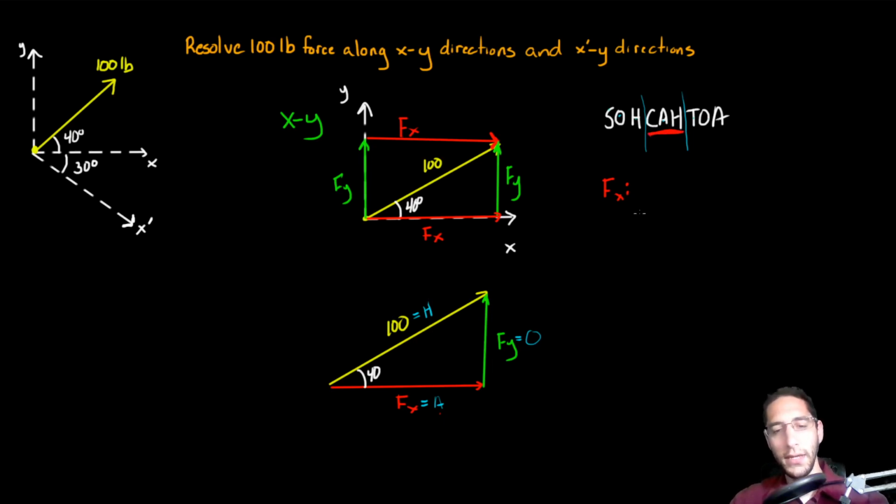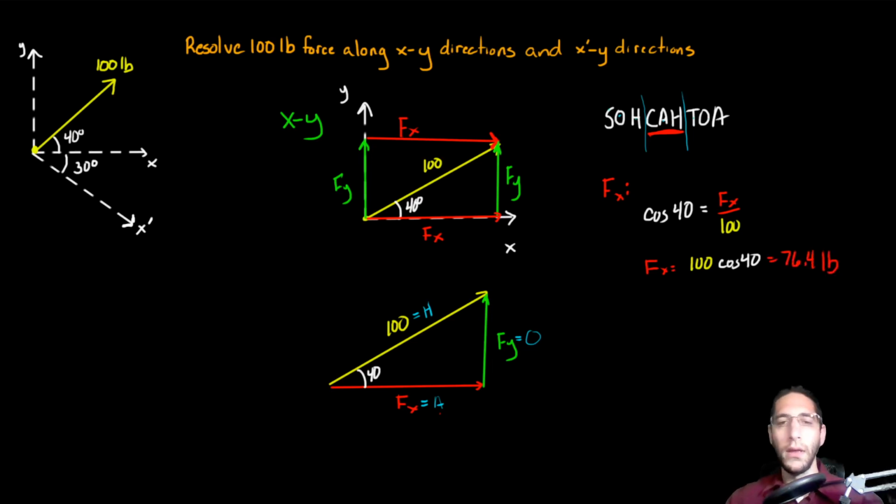So this means the cosine of 40 degrees is equal to the adjacent, Fx, over our hypotenuse, which is 100. So we can solve for Fx. We can multiply this side by the cosine. So we get 100 times the cosine of 40. And make sure your calculator is in degrees here. And when you do that, you're going to get Fx, and this is going to be equal to 76.4 pounds.